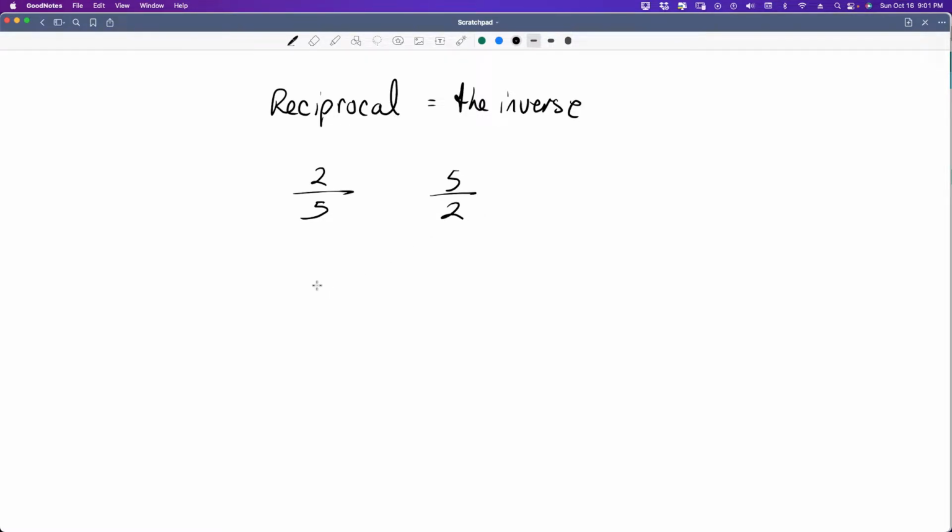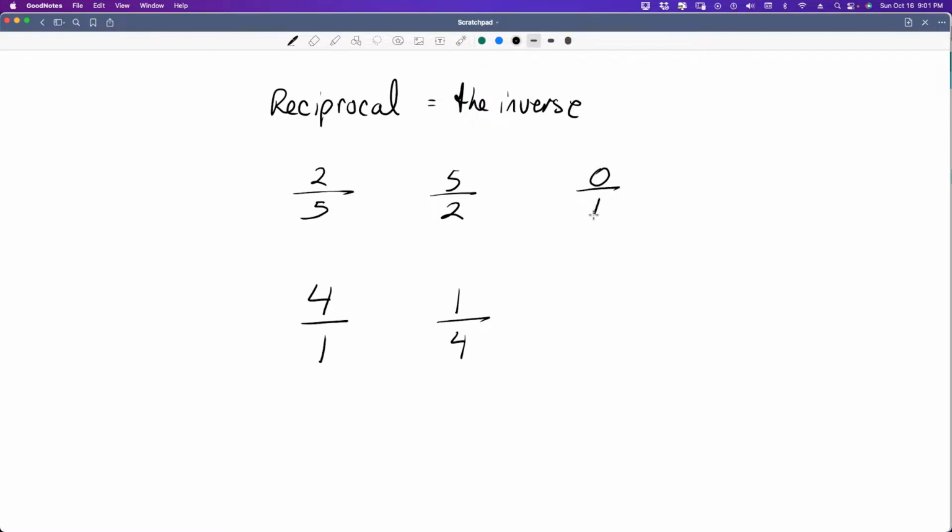And the reciprocal of a whole number, say we have 4: we could turn any whole number into a fraction by giving it a denominator of 1. So the inverse of a whole number would be 1 over that whole number. Now we can do the reciprocal of any number except 0.